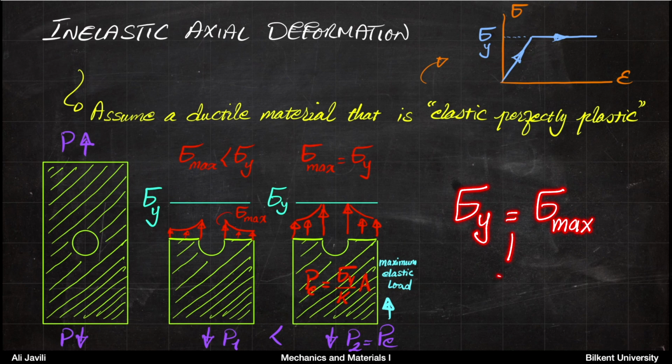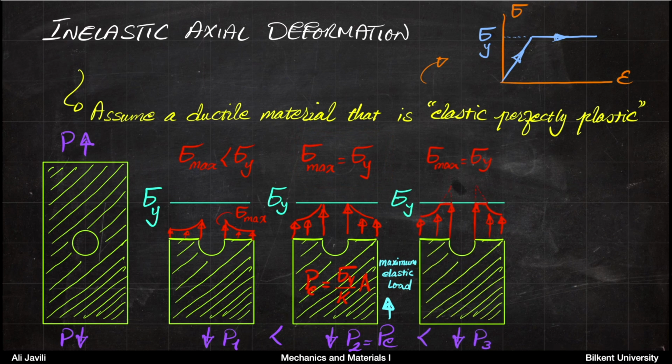Now maximum stress is stress concentration factor times average stress, and that would be stress concentration factor times PE in this case divided by A. Okay, so this is the maximum elastic load in the sense that your maximum stress just reaches the yield stress.